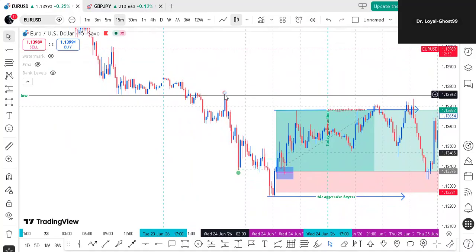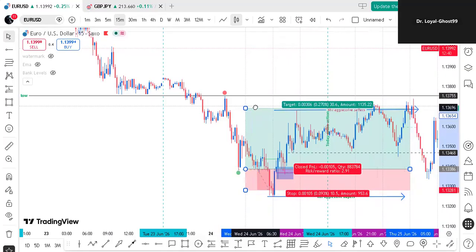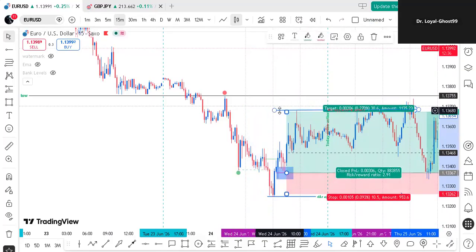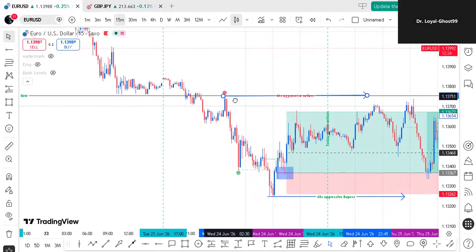This was the high. This was the lowest price I had at the moment. So again, this was the range I had. This was the range, the low.